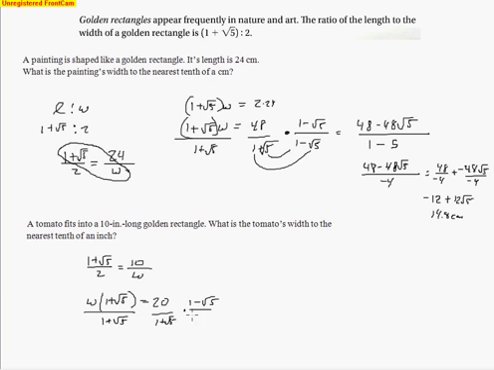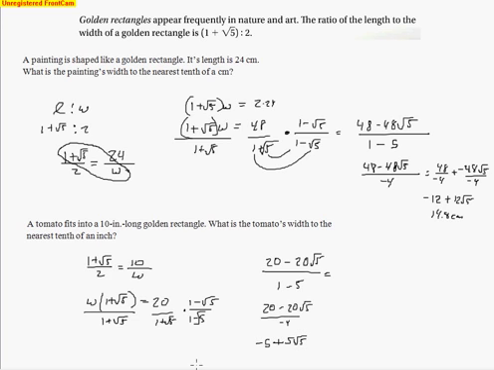And so when I go ahead and do that, I'm left with 20 minus 20 square roots of 5 all over 1 minus 5. And so that just makes 20 minus 20 square roots of 5 over -4. Doing that division leaves me just with -5 plus 5 square roots of 5.